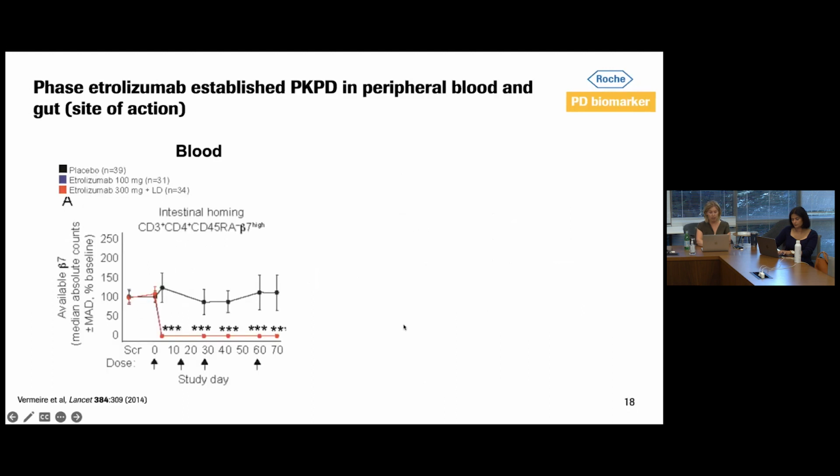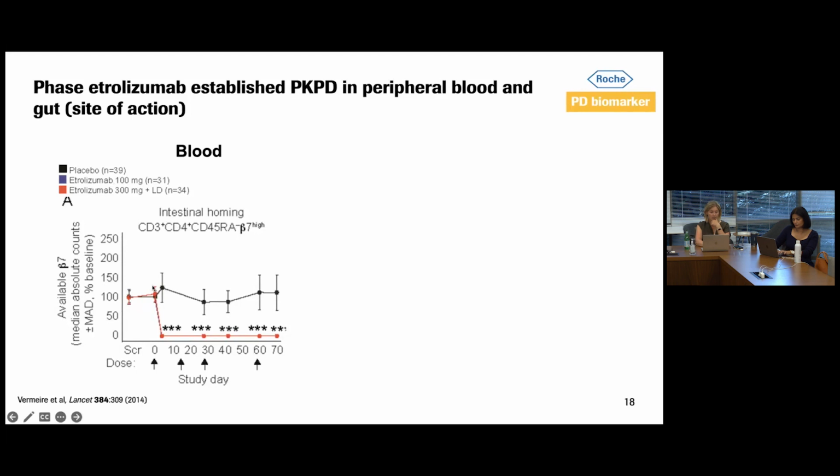But this is in the blood, and we also really wanted to know how much receptor occupancy we have in the tissue. So we incorporated that in our phase 2 study. In our phase 2 study, we picked 2 doses, 100 and 300, based on the phase 1 results.